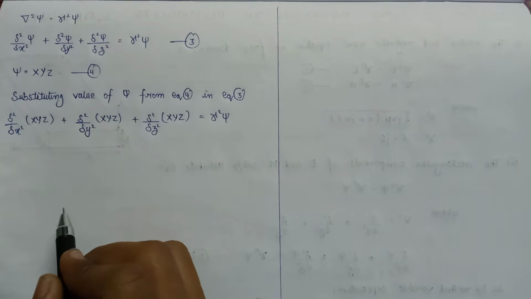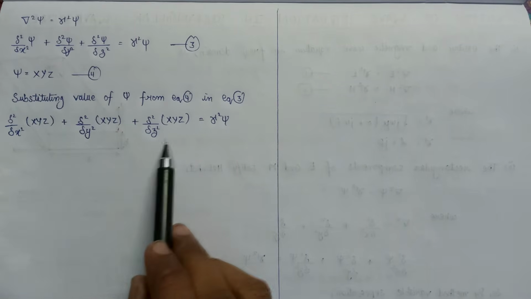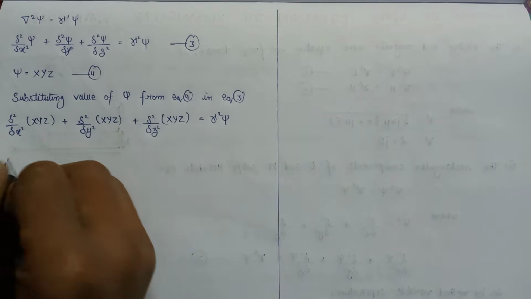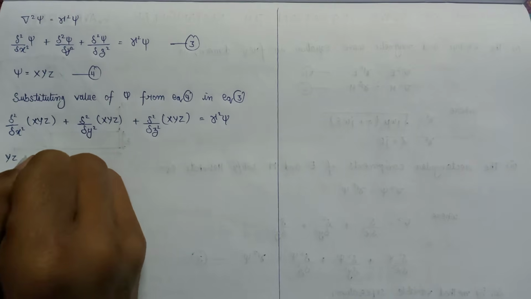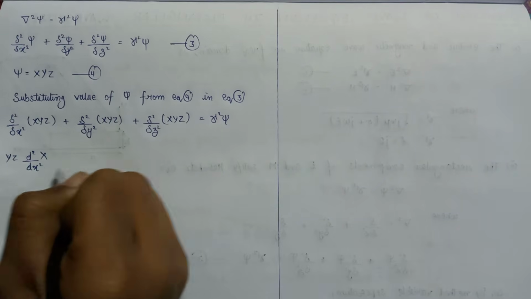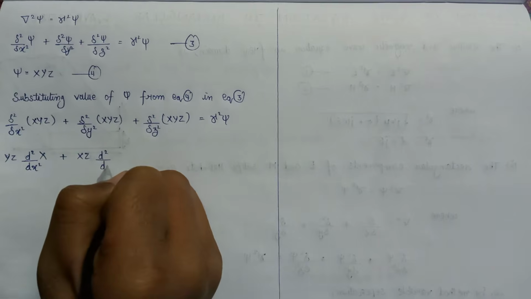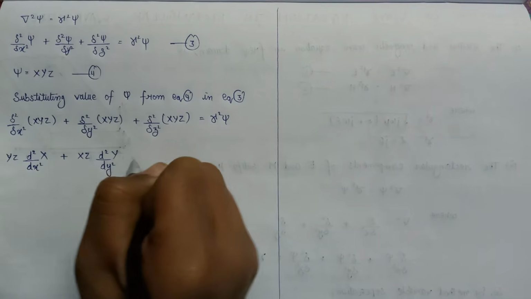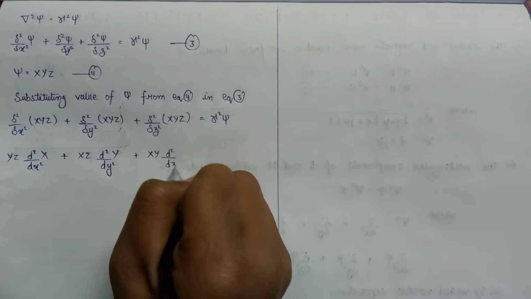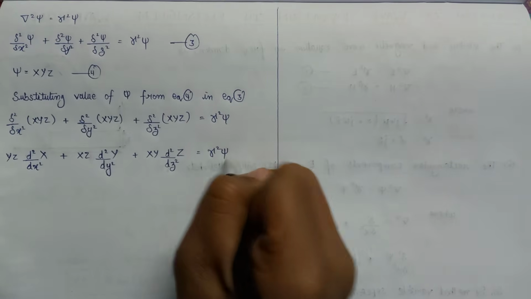And if we take the derivative of X, Y and Z with respect to small x, small y and small z, then the partial derivatives will convert into normal derivatives and we get YZ d2 over dx square of capital X plus XZ d2 over dy square of capital Y plus XY d2 over dz square of capital Z equals gamma square into psi.